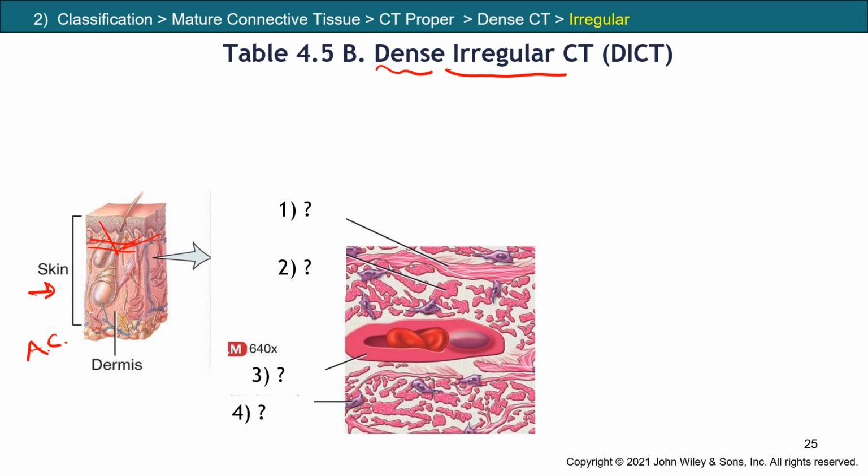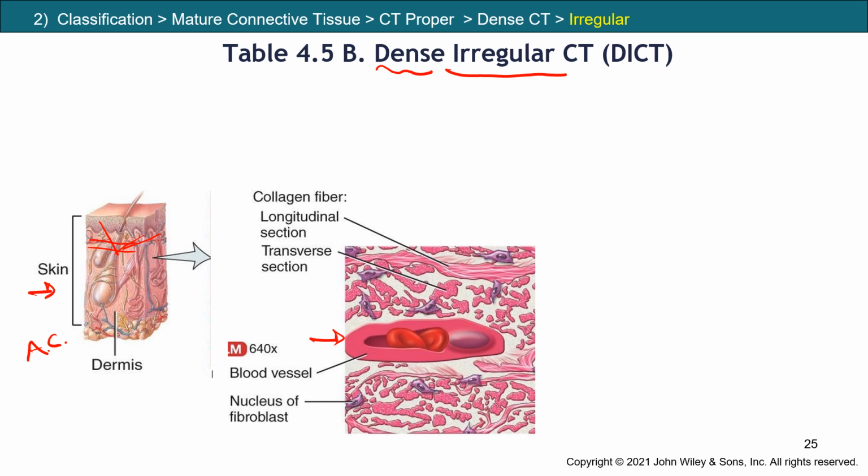Now let's keep talking. You have collagen fibers running in different directions, so you can have different views of these collagen fibers. Here you are going to have a blood vessel. That is very important because you have to receive nutrients, and some of those nutrients are important to keep the epithelium above alive. In addition to the blood vessels, you're going to have a lot of fibroblasts, because although they are disorganized, you still have a lot of collagen fibers.